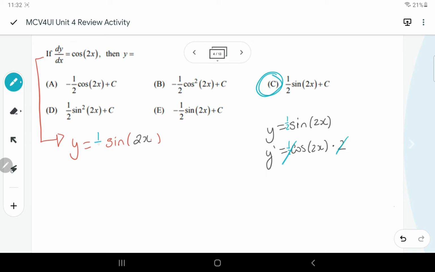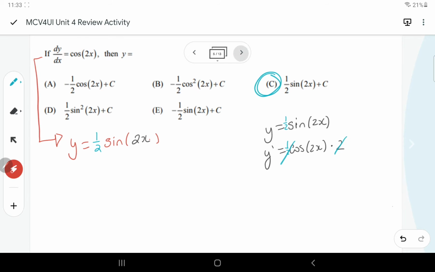So I'm going to put a 1/2 in front. Then the derivative of 1/2 sine 2x would be 1/2 cos 2x times 2, and the 2 and the 1/2 coefficient cancel out and give us what we were looking for. There is a plus c in the answer at the end because it could have had any number added on, because the derivative of a constant is 0.